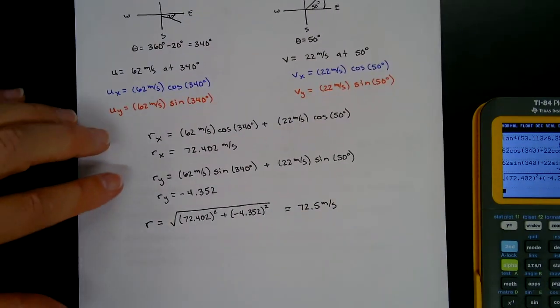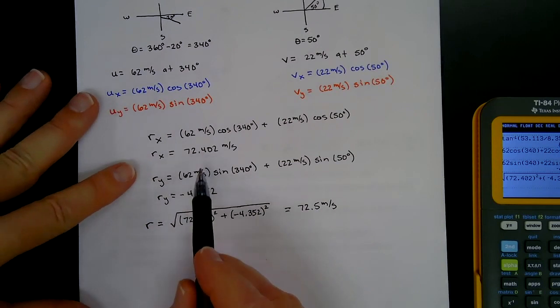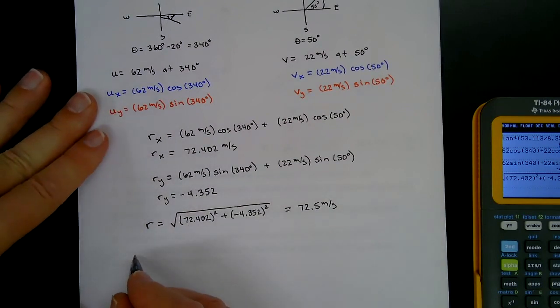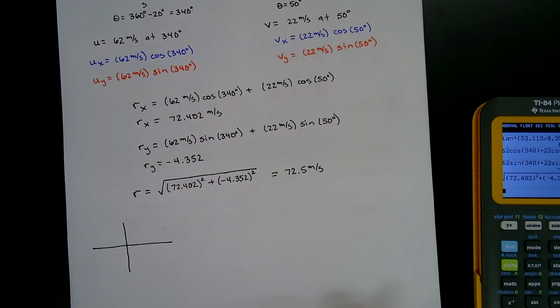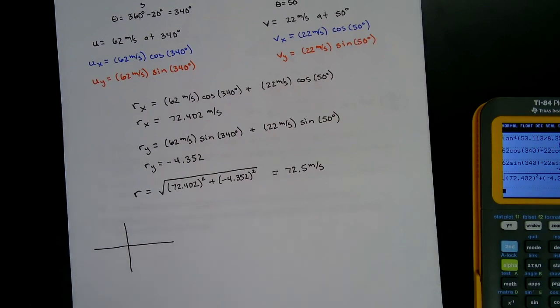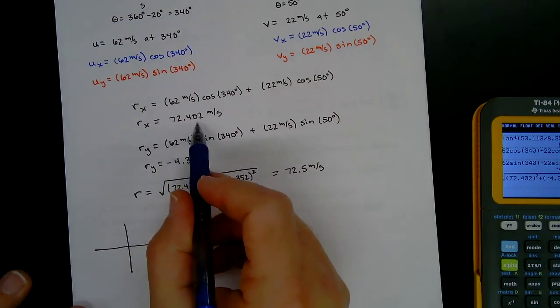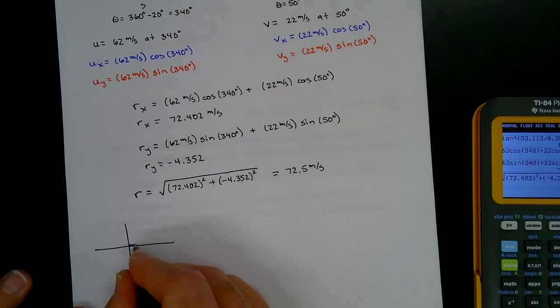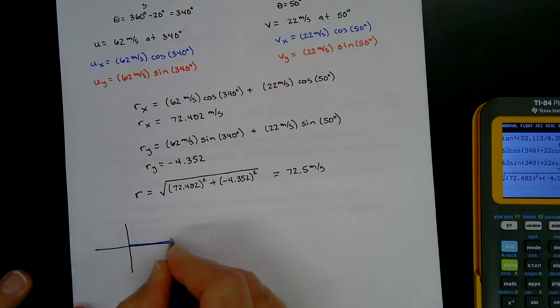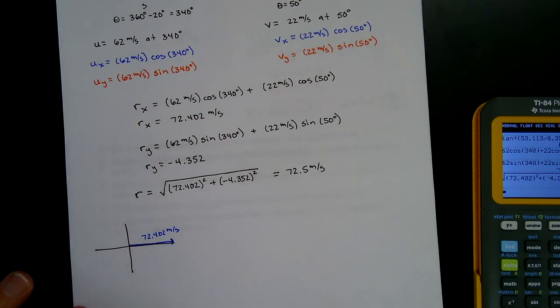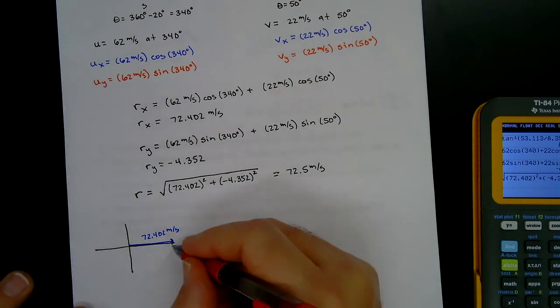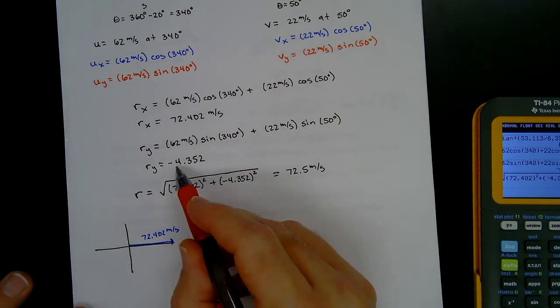All right, so now we know we're going to go to the right and then we're going to go down. So that's the location of this. Okay, so we're going to go to the right 72.402 meters per second. And then we're also going to go down because the vertical component's negative.